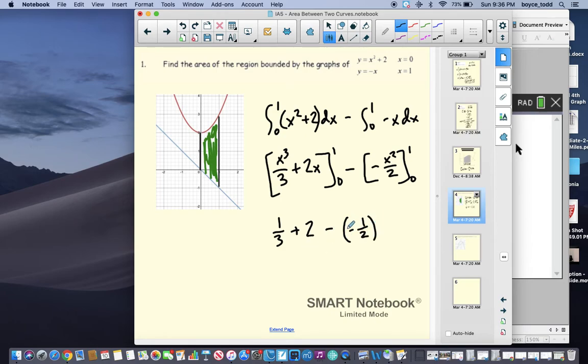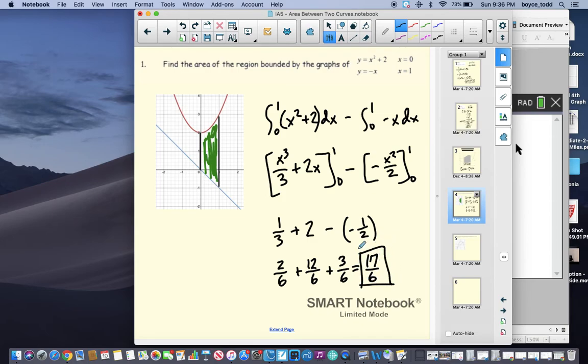So really that's plus. You could just add this together, but if you want to add it by hand, you get the denominators to be the same, and then you would get 17 over 6 as your answer.